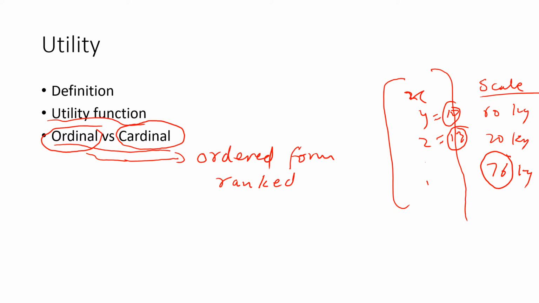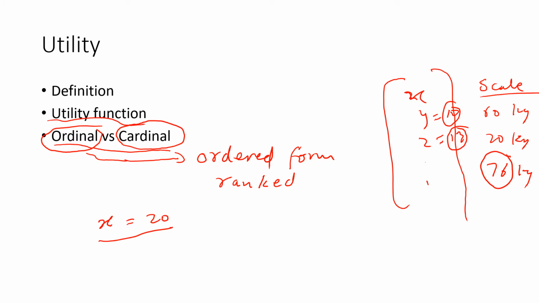And why is this important? Let me give you an example and you will understand why we say this is ordinal. Let's say you meet a person and you ask him how much utility he gets from consumption of chicken roast. Person X tells you that he gets 20 utility from the consumption of a chicken piece.